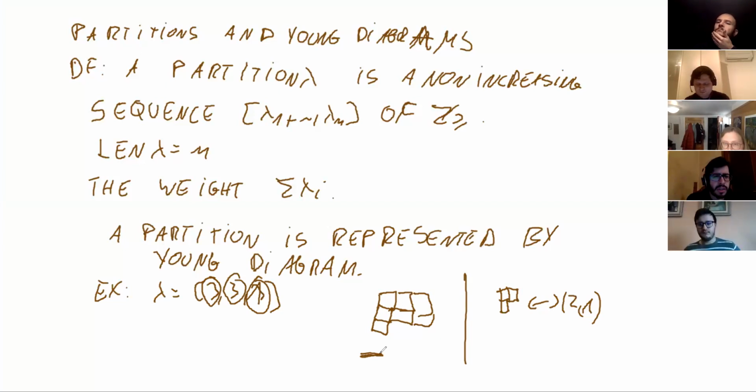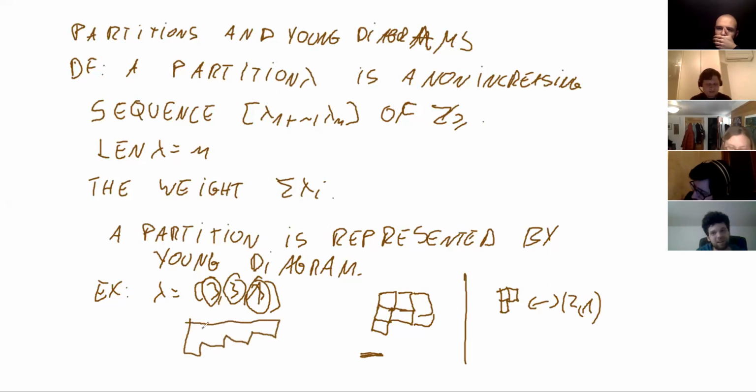Yes, the partition is non-increasing, so you always get something that looks like that. If I need the zeros, I sometimes draw the line at the left of the diagram a bit further down. Some people draw this, but then you also have to put some marks to know how long this line is. Often we don't need them, but sometimes we do.